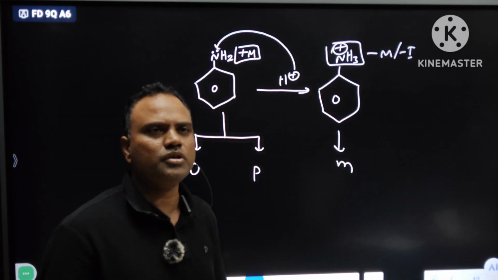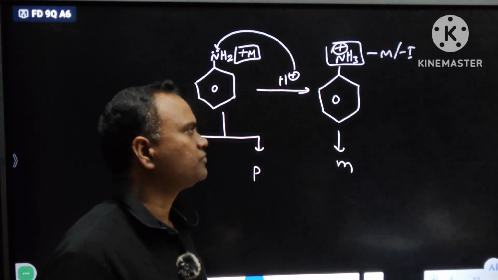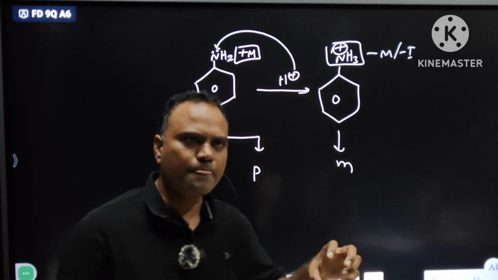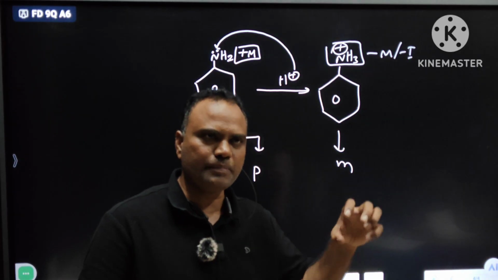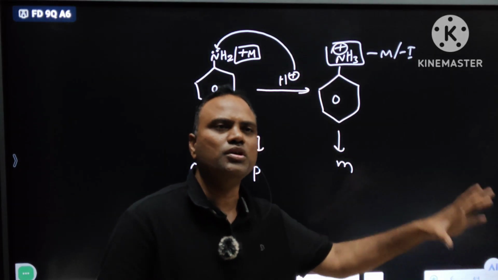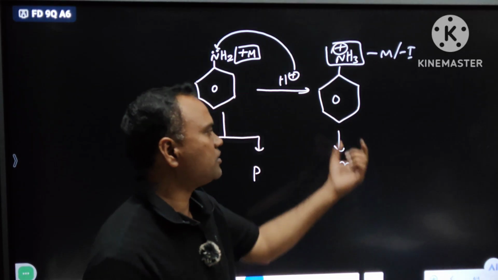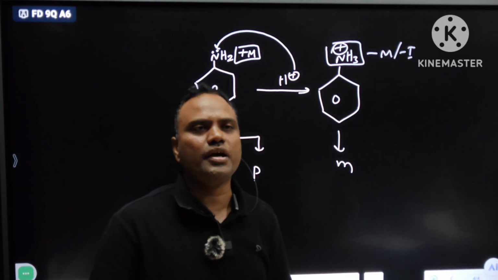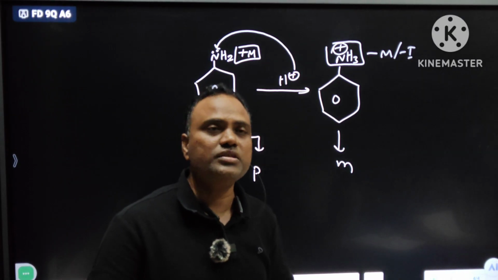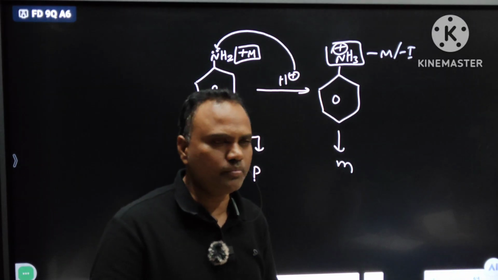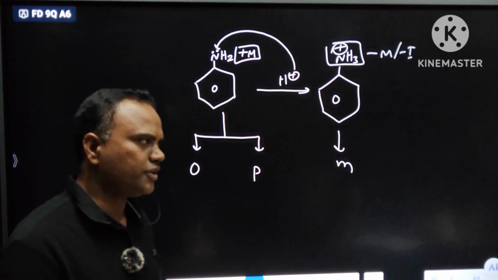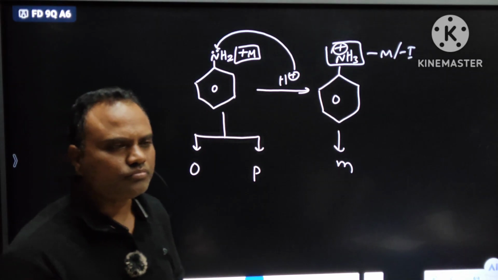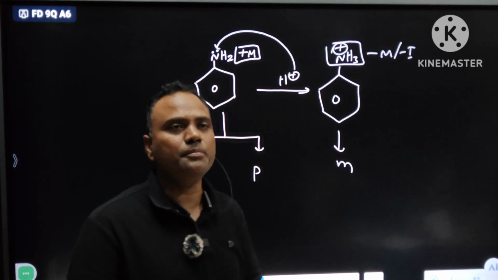Srujan, now it is okay? So plus M, the electron donating group, in the presence of acid will convert to an electron withdrawing group. And you know electron withdrawing groups are meta directing groups. That's why we are getting the meta product also. Clear? Right. Percentages are very, very important.